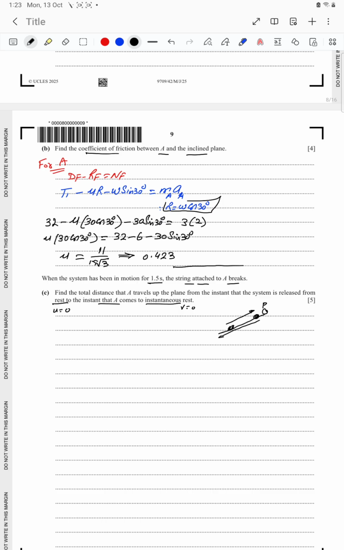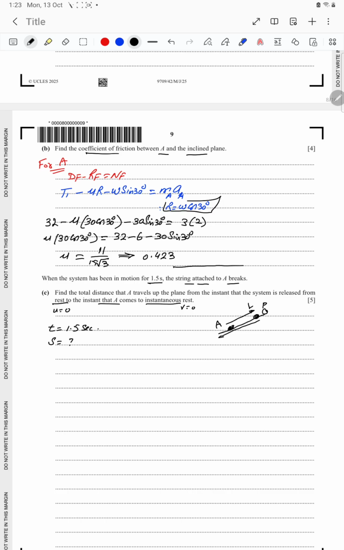So the system has been in motion for a total time of 1.5 seconds. Here t is given as 1.5 seconds, and we need to find the distance A goes from this point till a certain point L before the pulley.